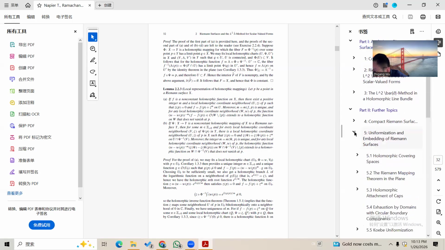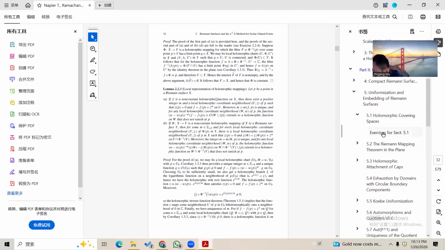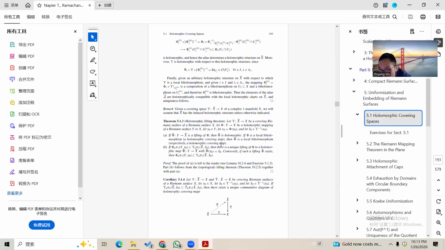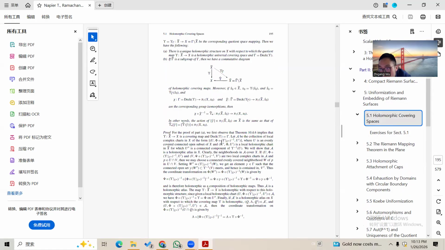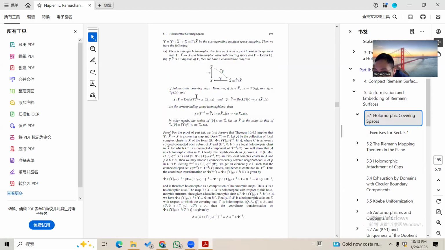Here we are on this holomorphic covering space.